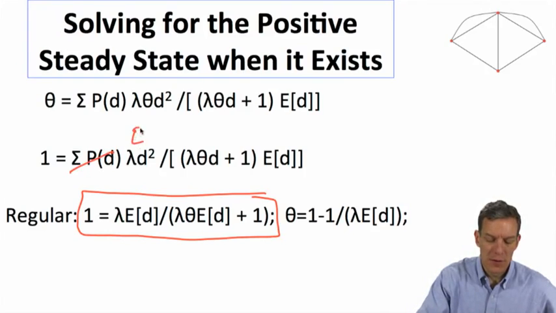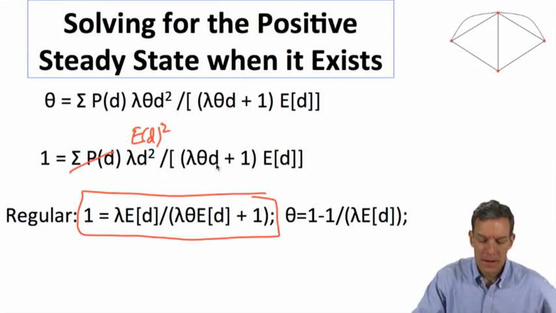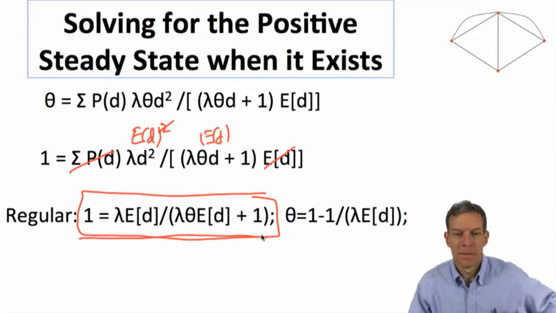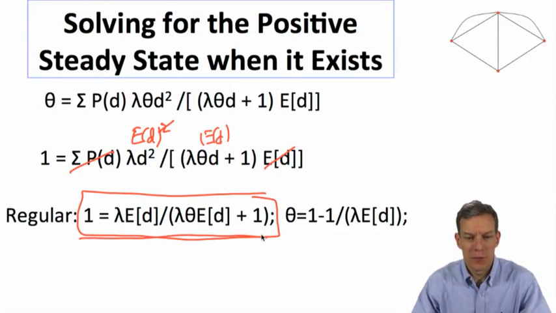This is going to become expected degree squared, and this is expected degree here, expected degree here. We can get rid of one of these, get rid of that, and we end up with this expression here. Okay, so when we solve that, we end up with a very simple expression.